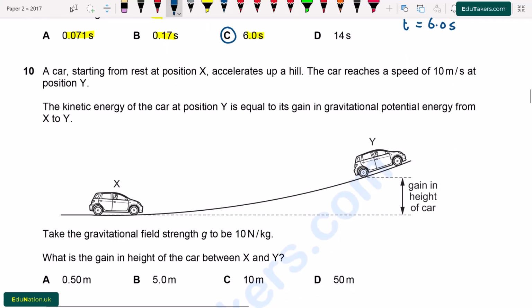Question number 10. A car starting from rest at position X accelerates up a hill. The car reaches a speed of 10 meter per second at position Y. The kinetic energy of the car at the position Y is equal to its gain in gravitational potential energy from X to Y. Take the gravitational field strength G to be 10 Newton per kilogram.